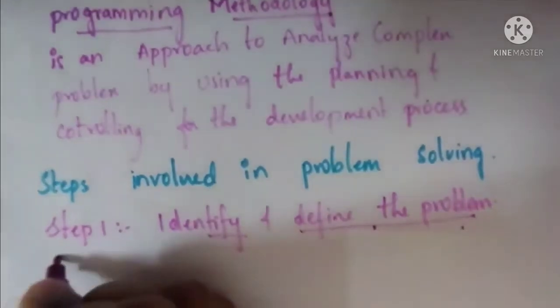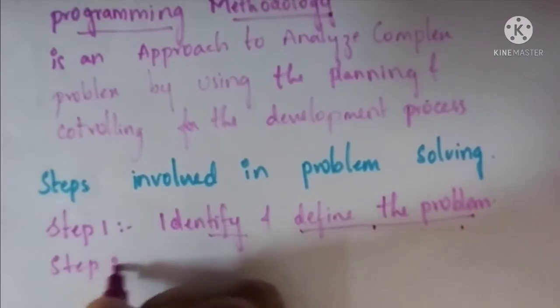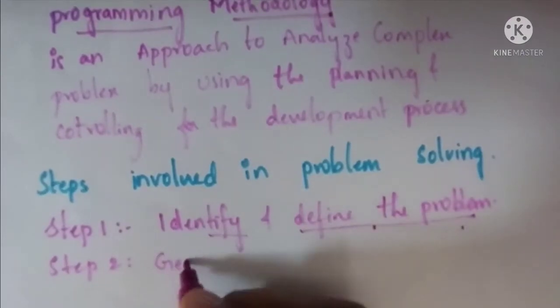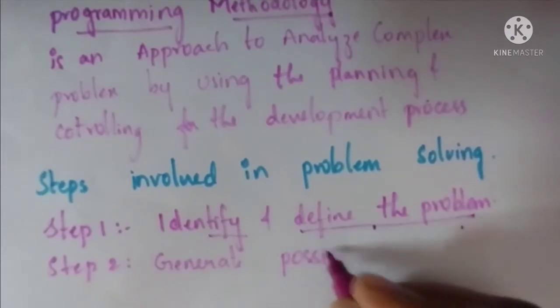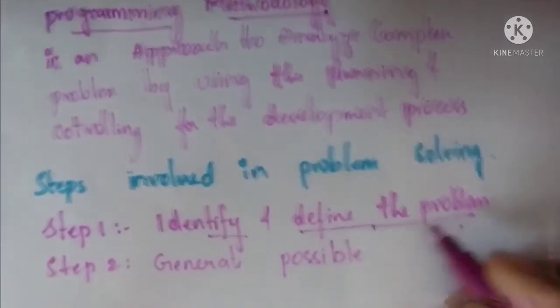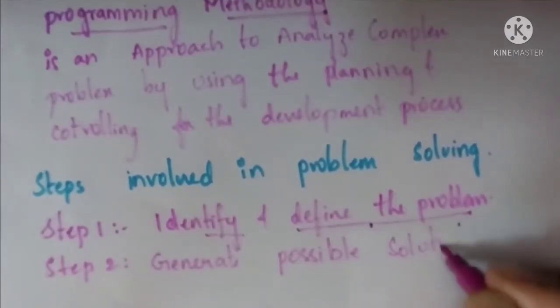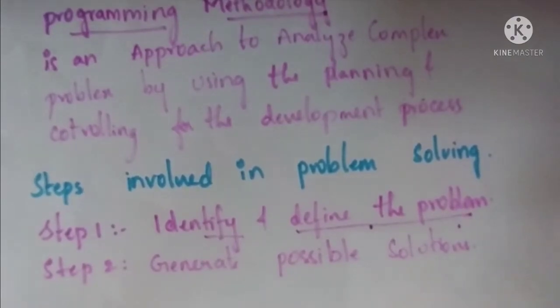Okay, coming to step 2. In step 2, we are going to generate possible solutions. Possible solutions means we should not worry about the quality of the solution in this stage. We have to focus only on the number of possible solutions, whichever may come in any problem.